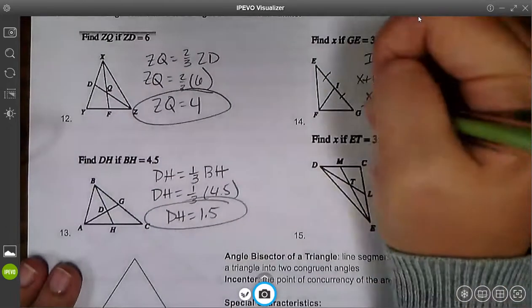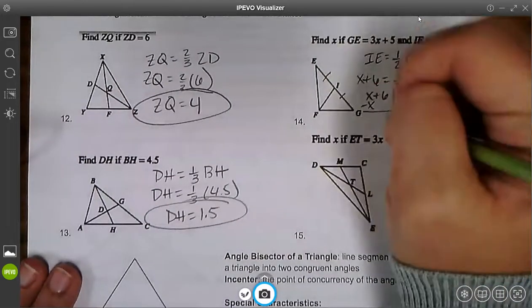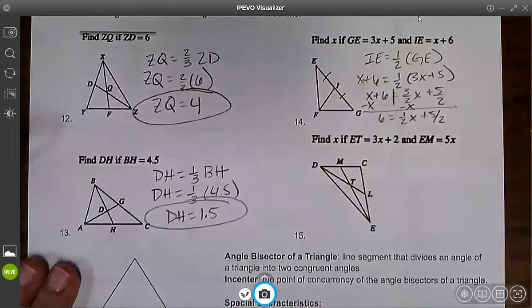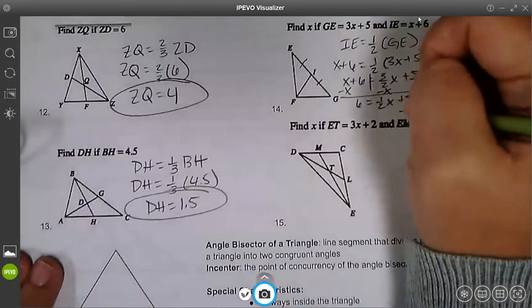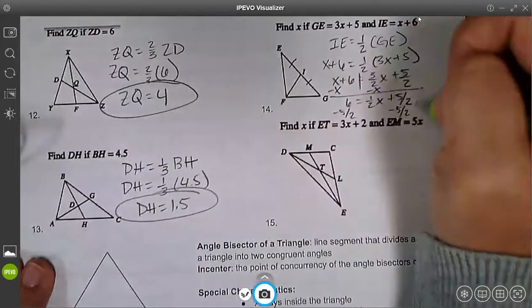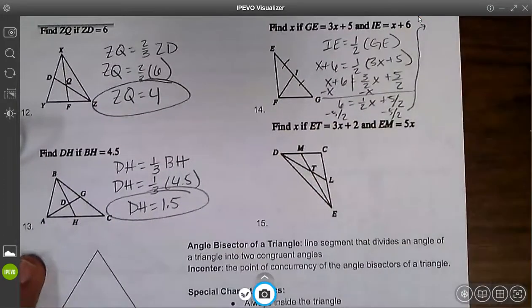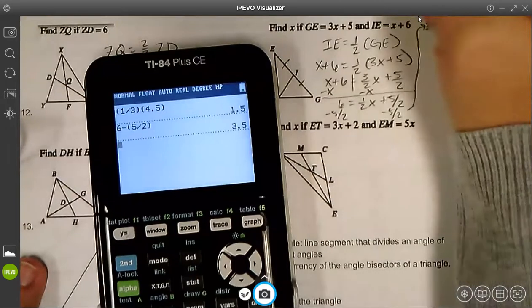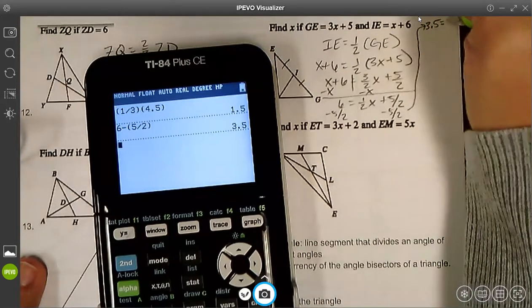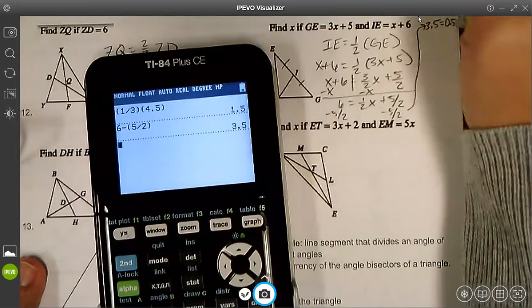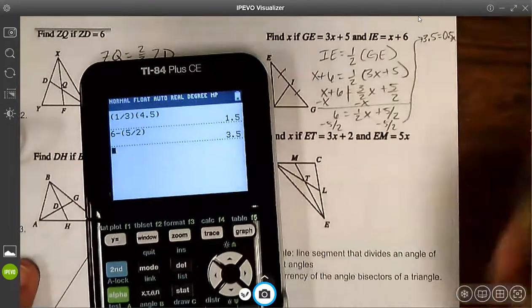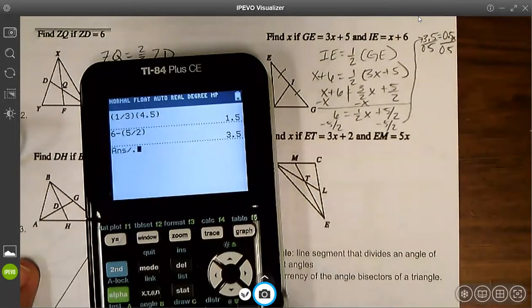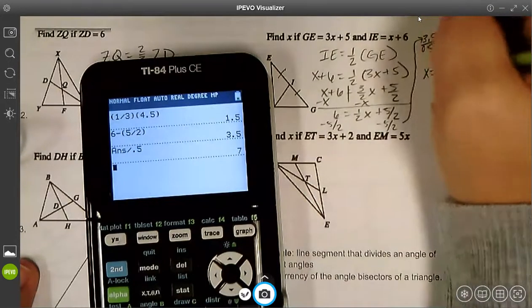Get my x's together, subtract x from both sides. 6 equals 1/2 x plus 5/2. Subtract 5/2 from both sides. And you get 6 minus 5 over 2, which is 3.5, equals 0.5x. Divide both sides by 0.5. And you get x equals 7.